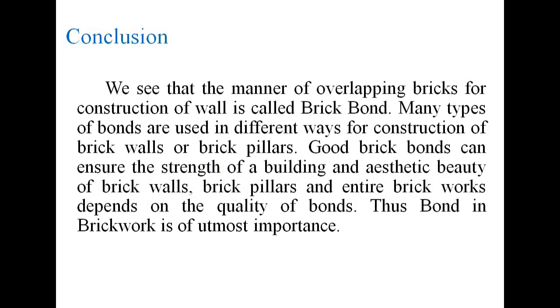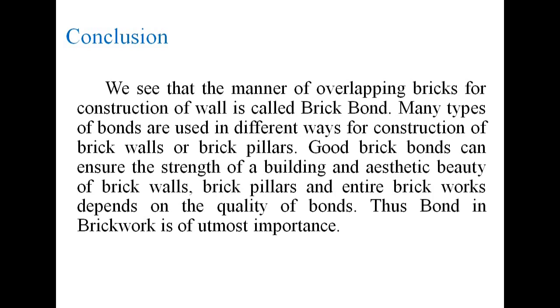So what is the conclusion from this presentation? We have seen that the manner of overlapping bricks for construction of a wall is called brick bond. Many types of bonds are used in different ways for construction of brick walls or brick pillars. Good brick bonds can ensure the strength of a building and the aesthetic beauty of brick walls.